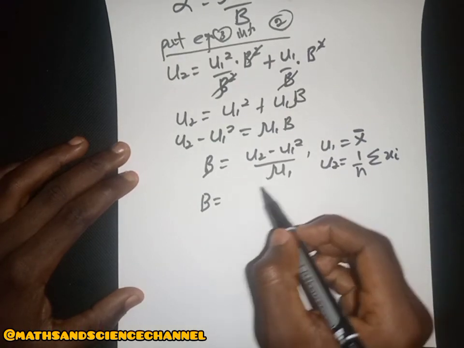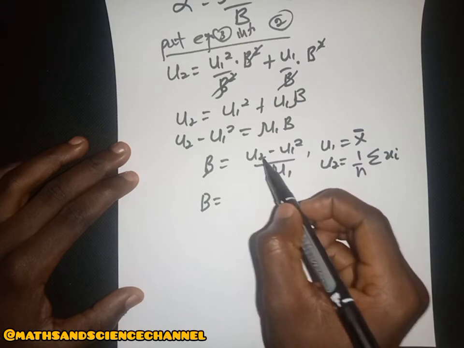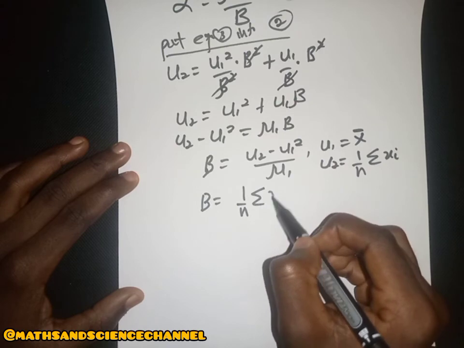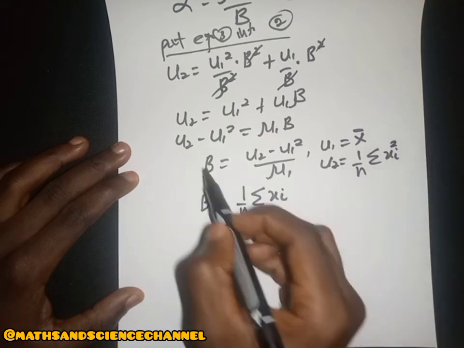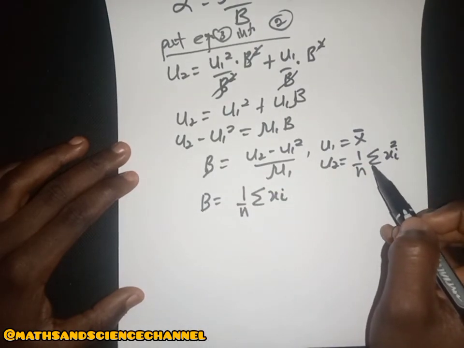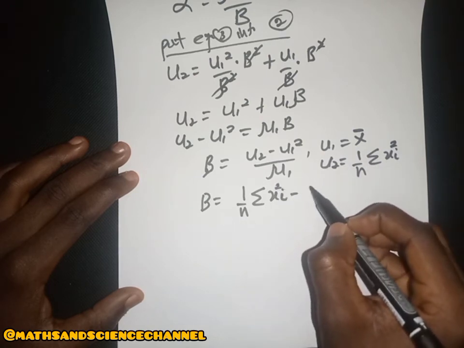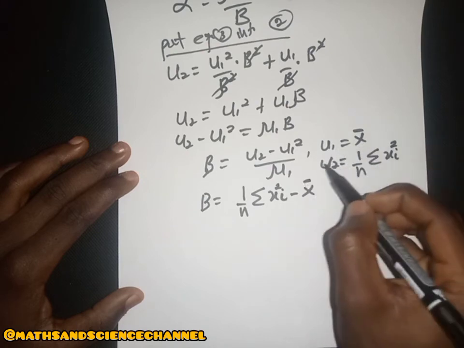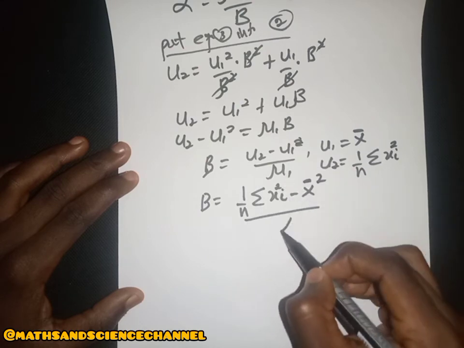So replacing that, we have 1 over n, this to be x, that here. Remember it is squared because it is the second part of the mean. So the second part of the mean, which is squared, minus u1 here, which is the mean, so it also has squared, then we square this one also, divided by the mean here.